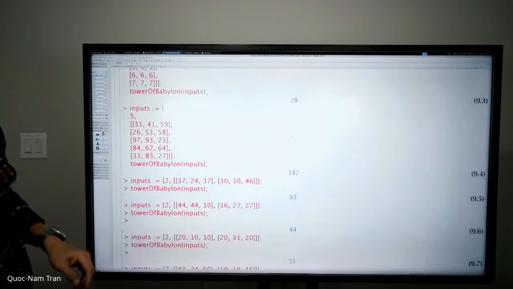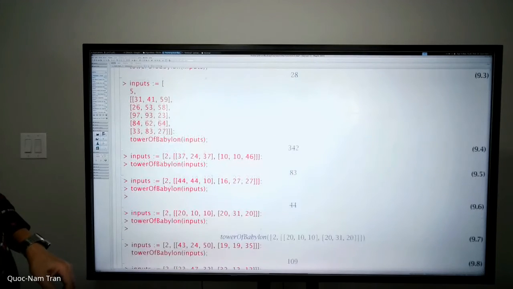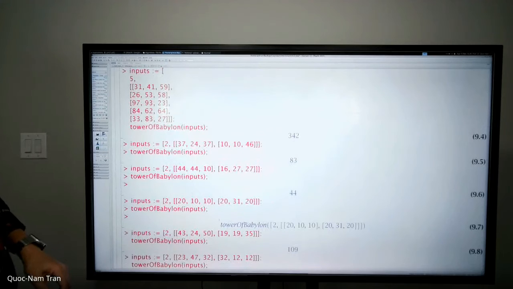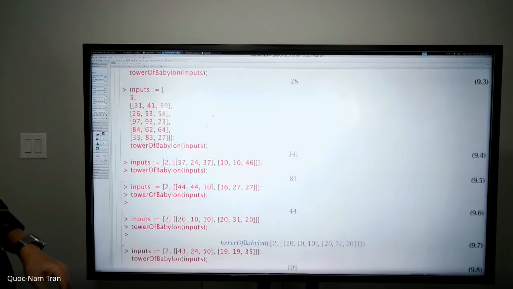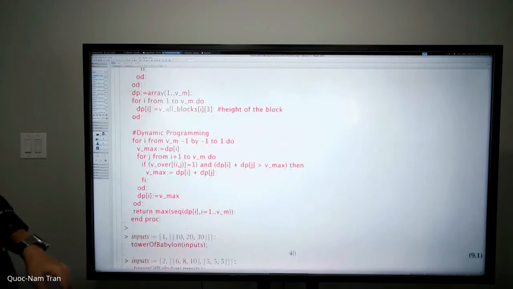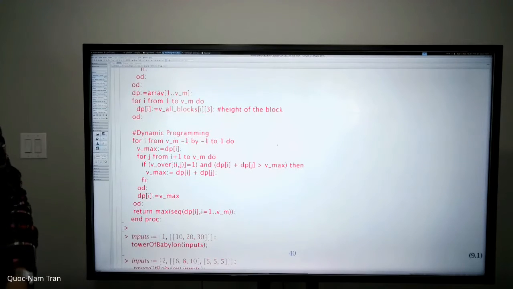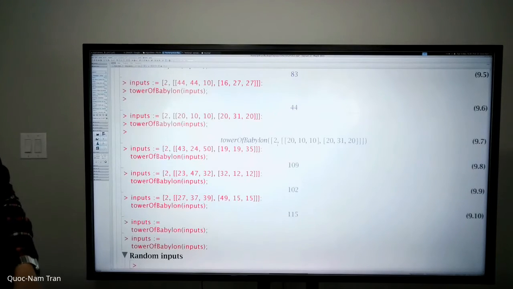Okay, now we have this one. 51, very good. Okay, I have to run the program first. Okay, and now we have this one. 51. All right, very good.